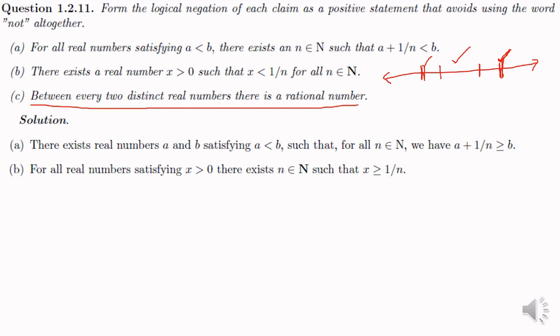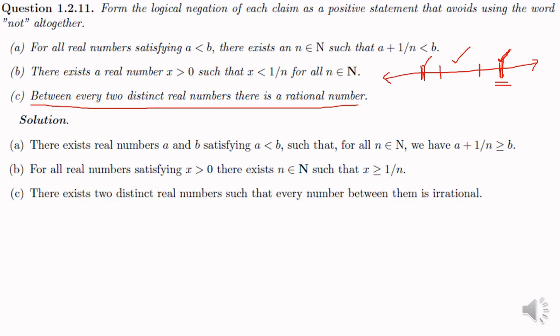Not rationals means irrational. So when we negate it, we can say that there exist two distinct real numbers such that every number between them is irrational.